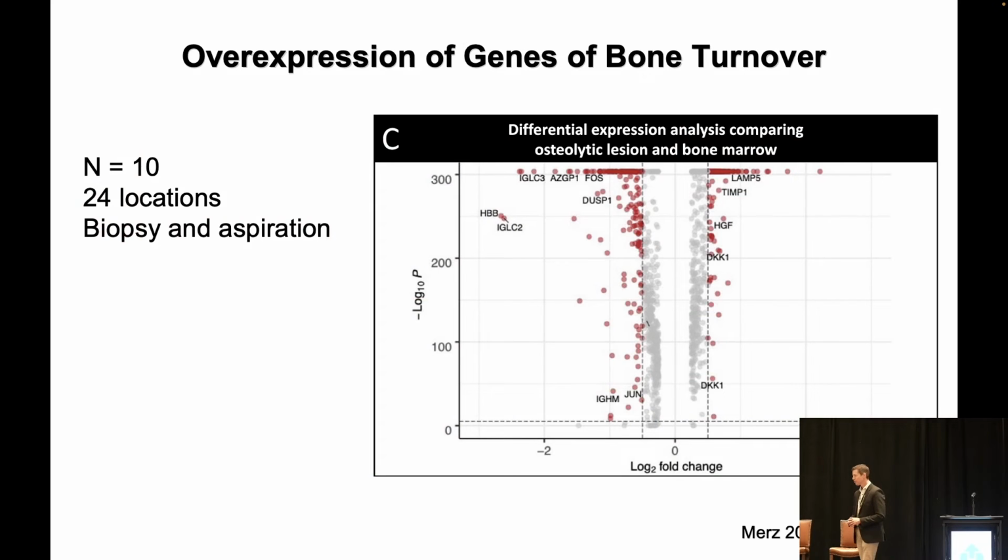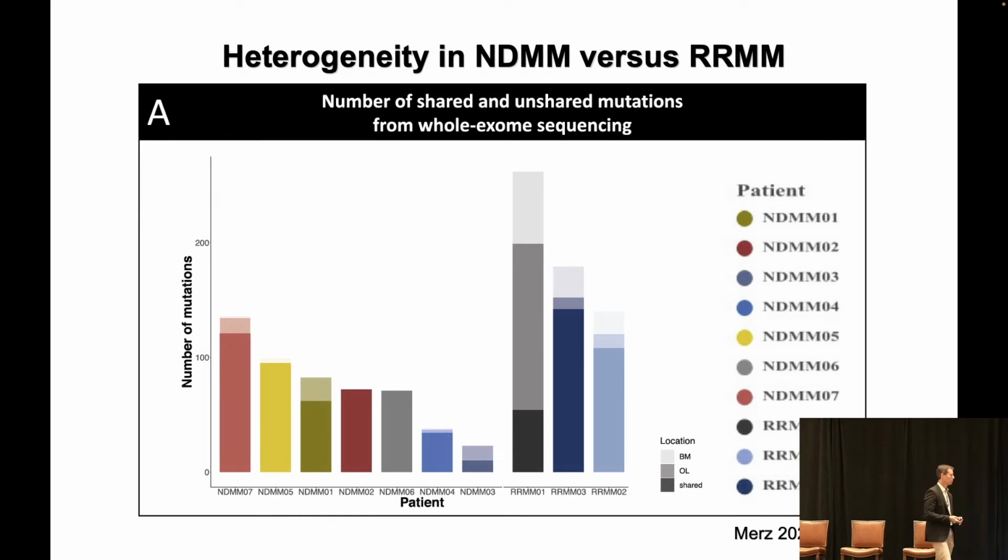One interesting finding for me as a myeloma bone doctor is that in the osteolytic lesions there were certain genes responsible for bone metabolism that were overexpressed. Again, we don't know why they were overexpressed, but at least it fits a little bit more in the picture where the bone is destroyed. There, the myeloma cells have certain genes upregulated that then stimulate the bone turnover. So there seems to be a biological background about that as well.